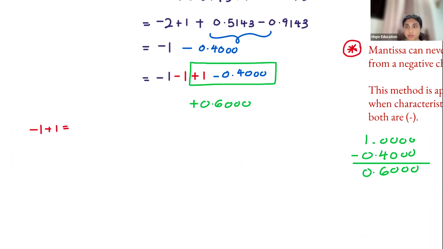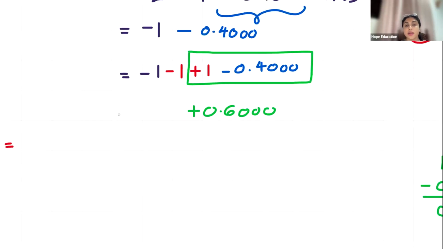Is that part clear to you? Methna, Pasindu? Pasindu, is it clear? Okay. And then here there is -1. When -1 is added, that would be -2.